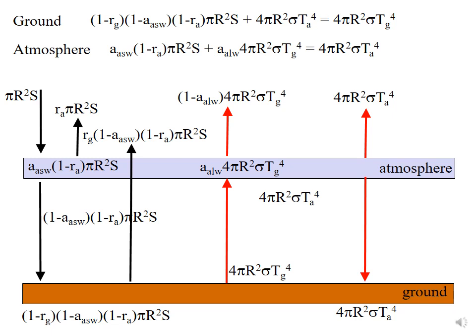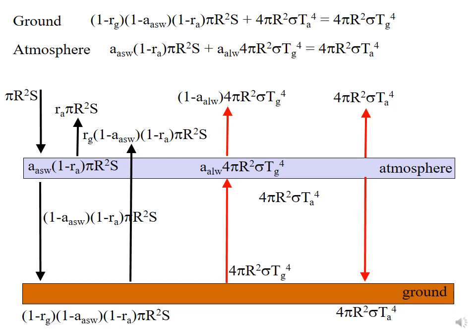The second term on the left of the equal sign, 4 pi r squared sigma Ta to the fourth, is the amount of radiation that the ground is receiving from the atmosphere, and we're assuming that the ground is absorbing all of that. So we have two streams of absorbed radiation, and that's going to be equal to the amount of radiation emitted by the ground, which is 4 pi r squared sigma Tg to the fourth. So that's a radiative equilibrium equation for the ground.